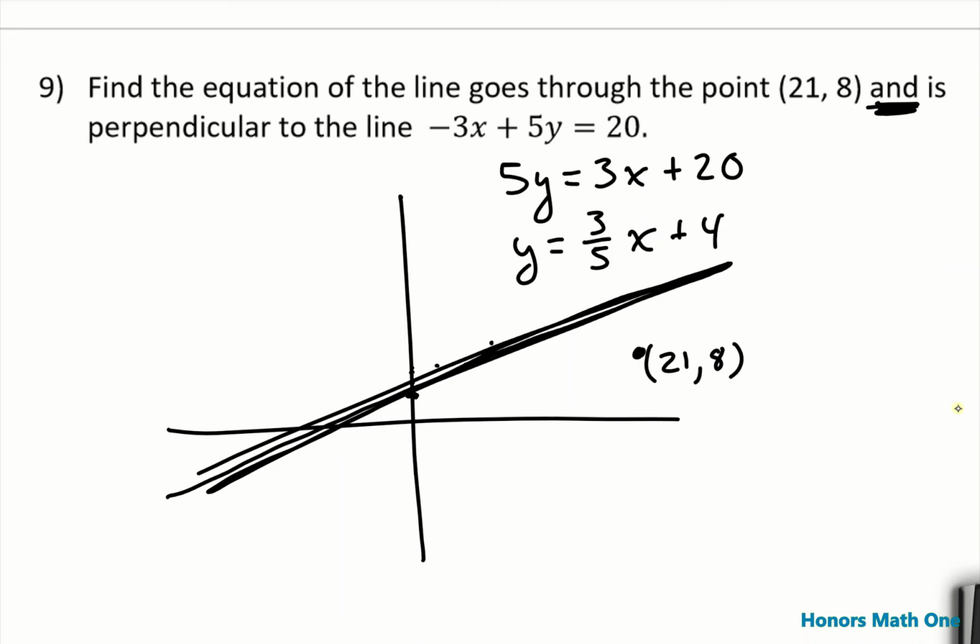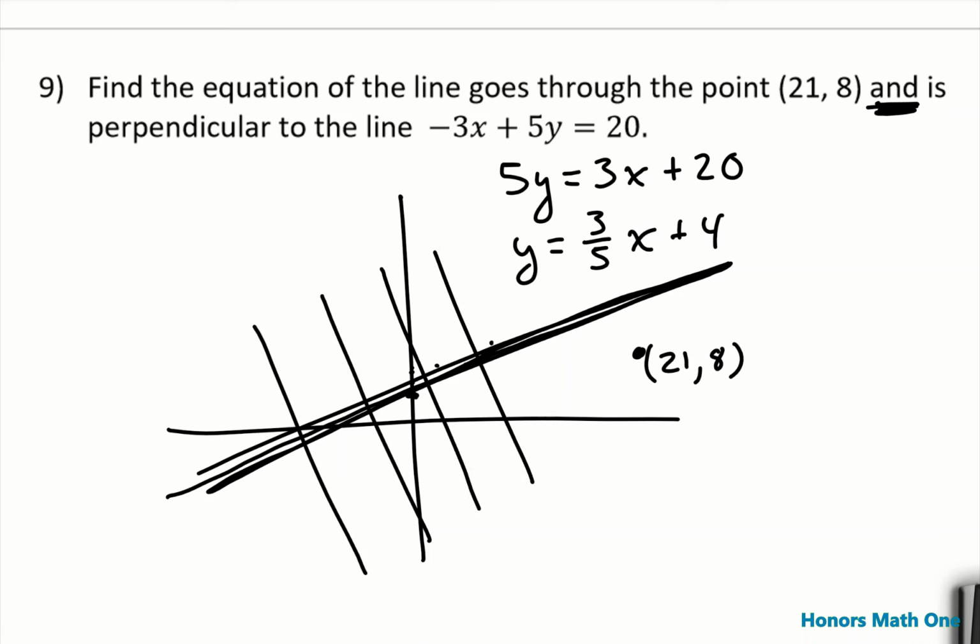And there's lots of those, right? All of these lines are perpendicular to that line. They're all making right angles. But I have to find the line that's perpendicular to this line, and it also has to go through this point. So there's two things, right? It's not just perpendicular to that line because there's lots of those, but it has to be perpendicular and it has to go through this point right here.